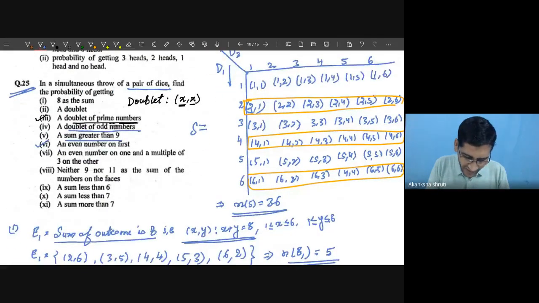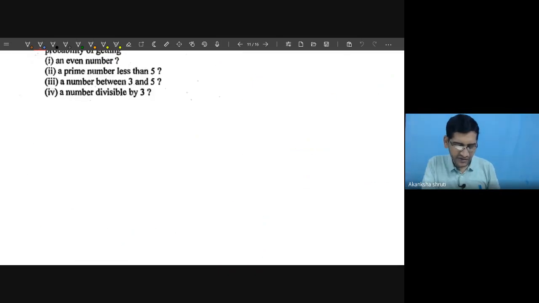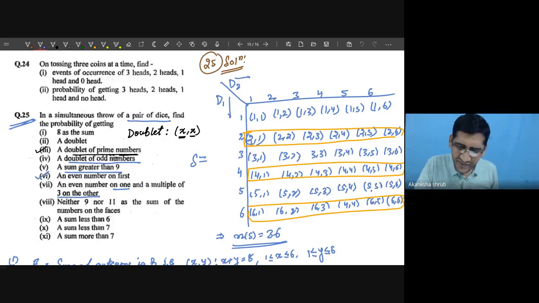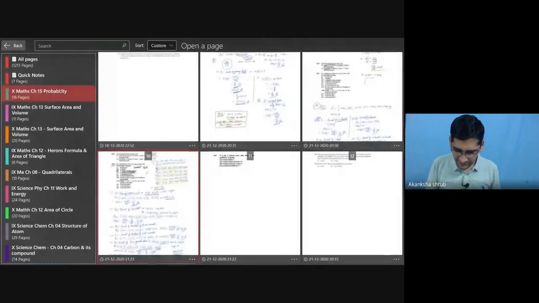Now, an even number on 1 and multiple of 3 on other means what? It need not be the first one, but it is talking for even number on 1 and multiple of 3 on other. Let me take that case also.